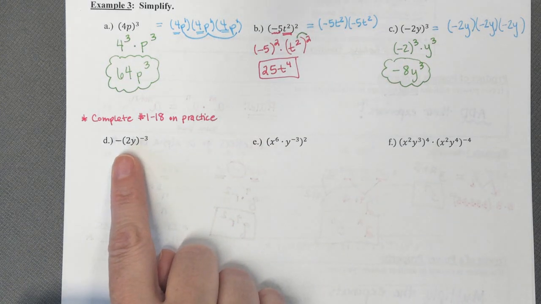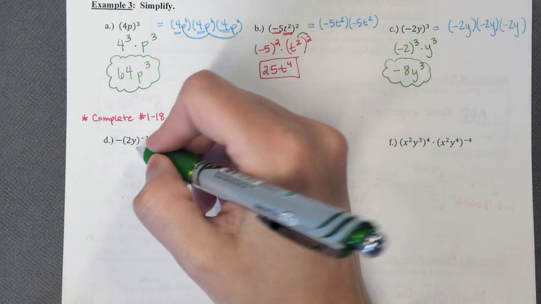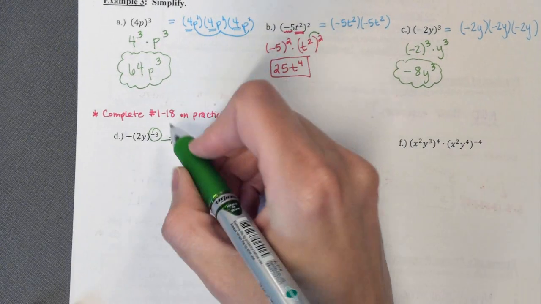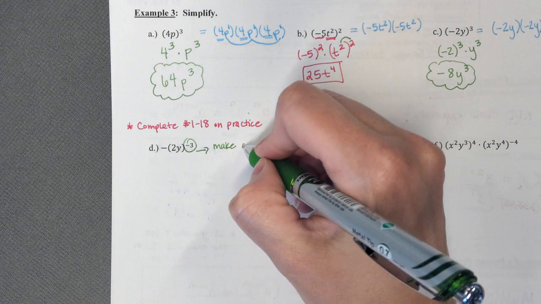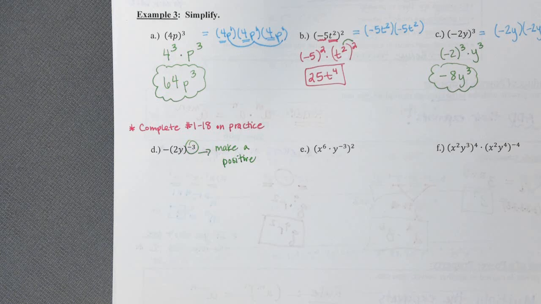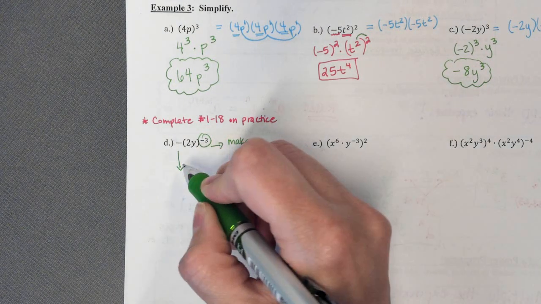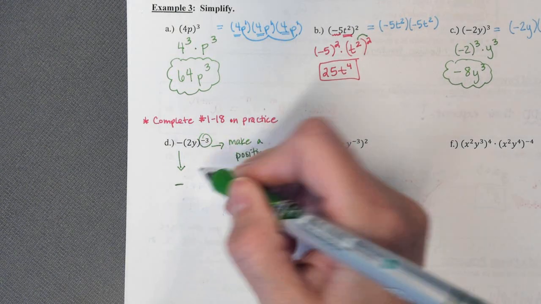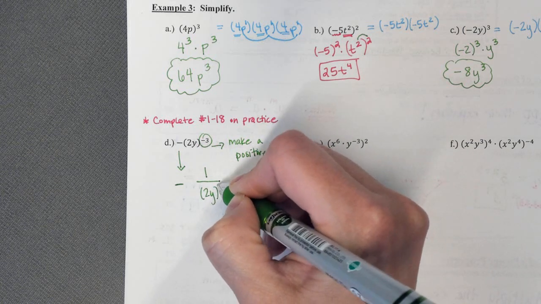So the negative is just going to stay there, and then the 2y to the negative 3, we want to make that positive. Now, if you have a negative exponent and you want to make it positive, what do you do with it? Make it into a fraction. So the negative drops down, and we're going to put 1 over 2y to the third.